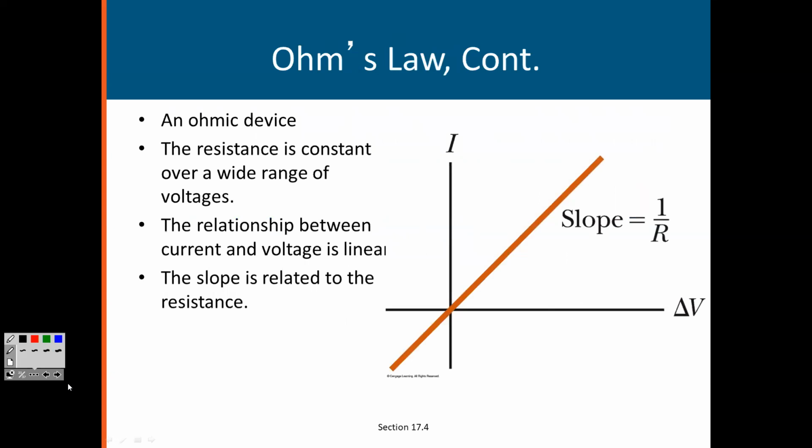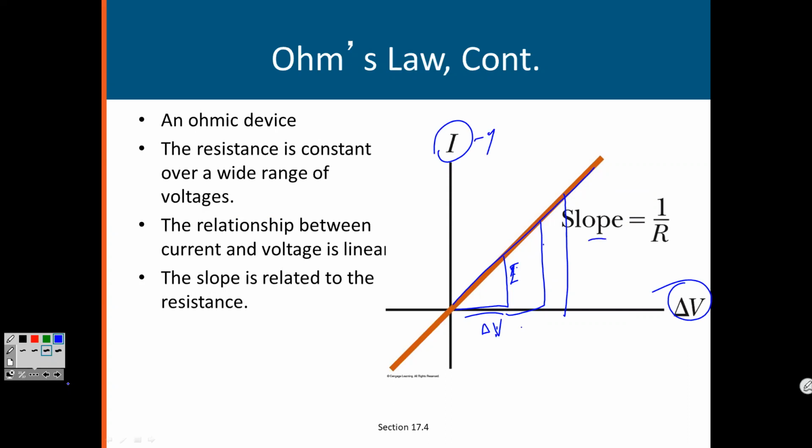So here we see a graph where R is a constant, because we can take delta V over delta I. I is in the y-axis and delta V in the x-axis. So we can see the ratio delta V over I is a constant, because it is a straight line. The slope is delta I over delta V, because I is in the y-axis.